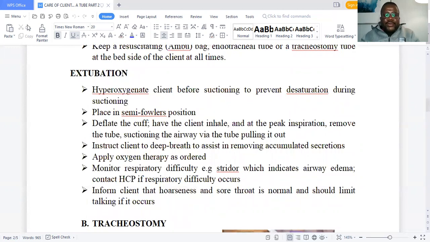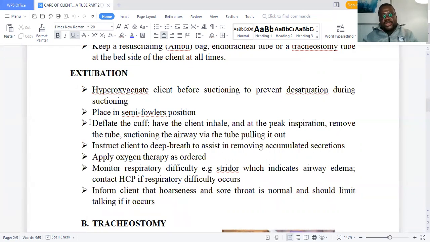The first thing you have to do, of course, is give the normal information about what you are going to do and identify the patient. Now, you have to hyperoxygenate the client, because at the time of the removal of the tube, the patient is bound to go into desaturation.